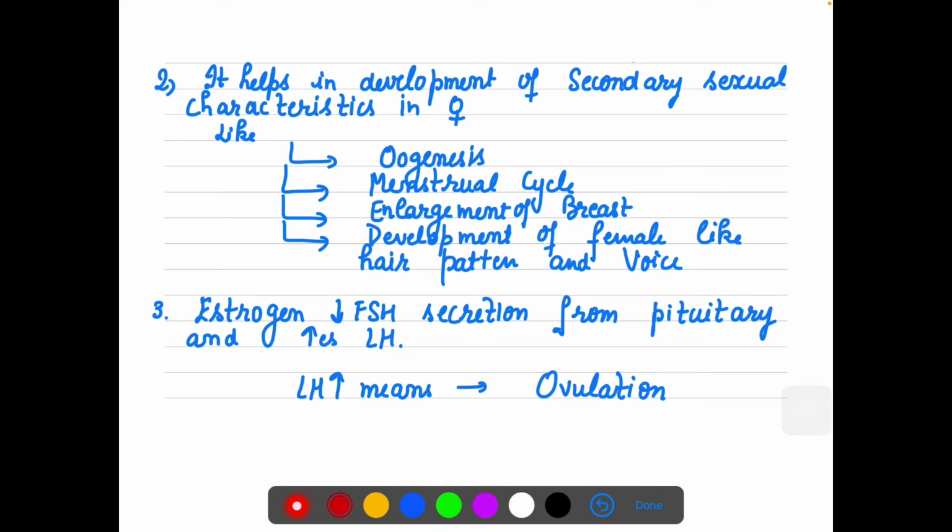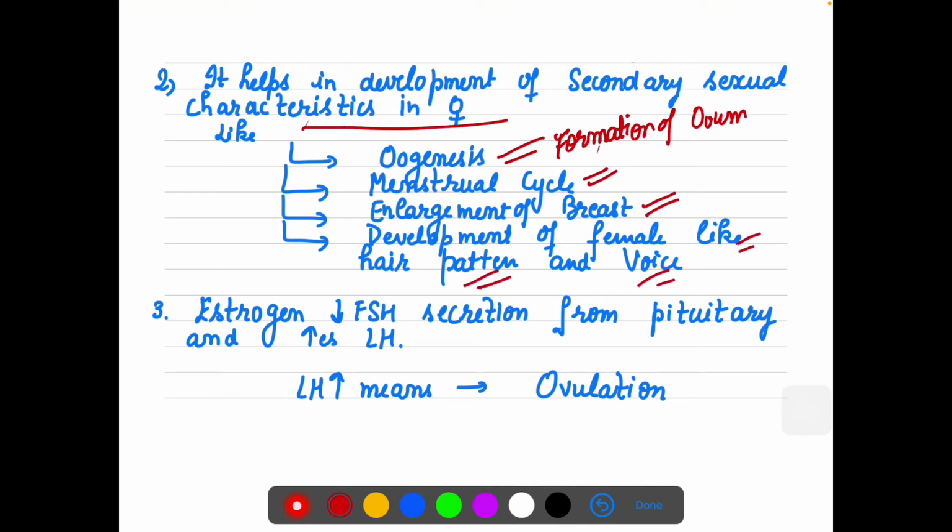It helps in development of secondary sexual characteristics like oogenesis. Oogenesis is formation of ovum. That also starts. Menstrual cycle starts. Enlargement of breast, development of female like voice as well as the female like hair pattern is also developed because of the release of estrogen.